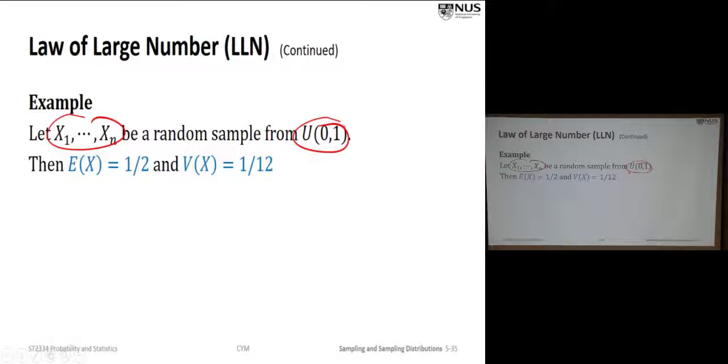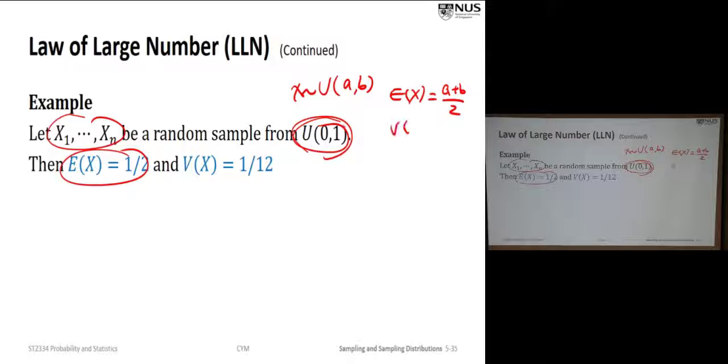A random sample is taken from a uniform distribution on 0, 1. From here, we know the expectation of x, if you recall: if x follows uniform(a, b), then the expectation of x is equal to (a plus b) over 2, and the variance of x is equal to (b minus a) squared over 12, if I remember correctly. So that's how you get it.